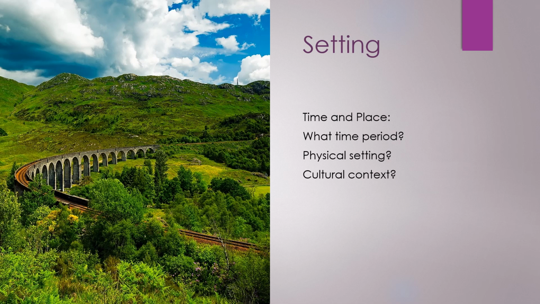So, you want to make sure you provide that. The setting can also create a mood and gives the reader context. It can also provide plot devices. You can turn your geographical location into its own entity or an antagonist itself that can influence your main character.